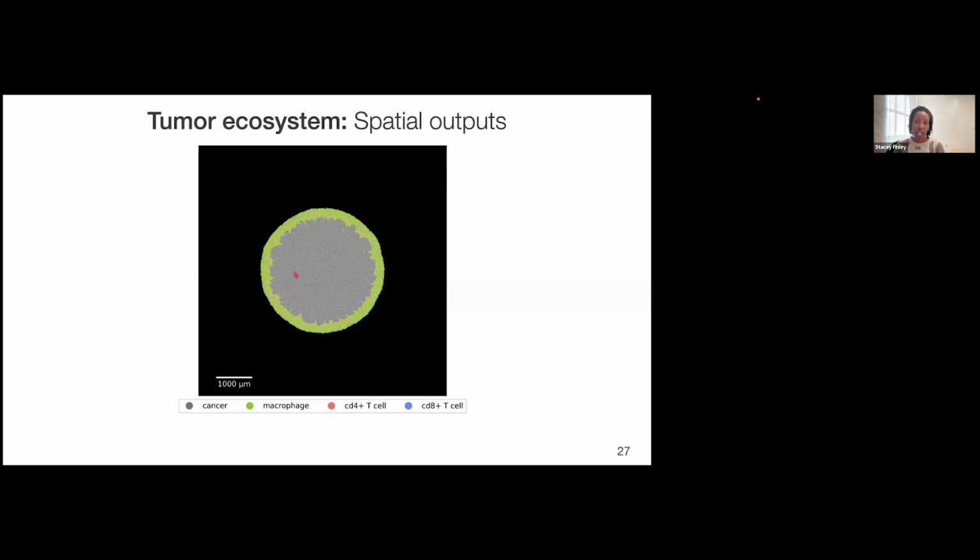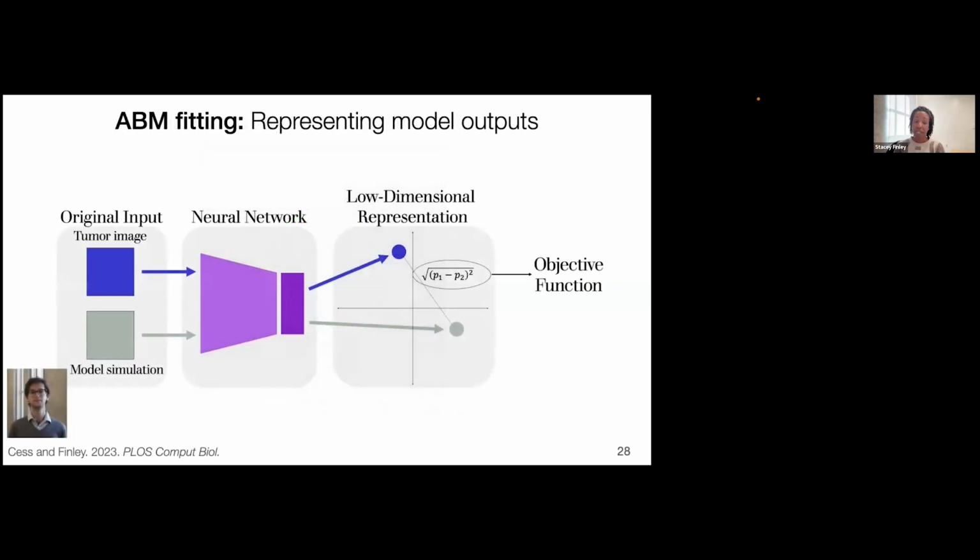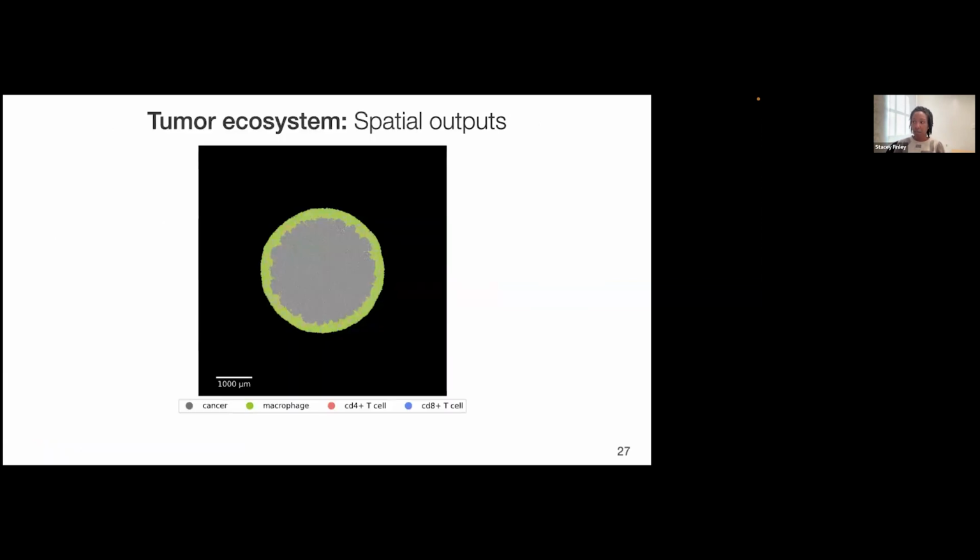In the case where you don't have equations, there are far fewer resources available to think about how to calibrate such a model. So I had a fantastic PhD student who started to think about how we might calibrate an agent-based model to experimental data, leveraging the spatial output of the model. If you think about it, this spatial output that we get from our agent-based model is really just an image.